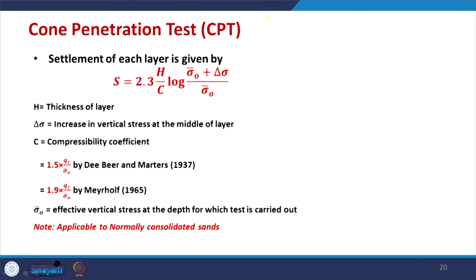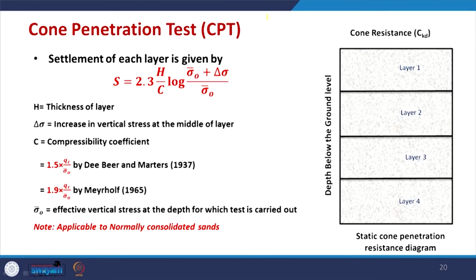Now, another way is CPT, that is what we call cone penetration test. Using CPT, the settlement of each layer is found out, and then you add the settlement of each layer to find the total settlement. In the case of CPT, you divide your stratum into a number of layers, layer 1, layer 2, layer 3, layer 4, and for the different layers you obtain what is called QC.